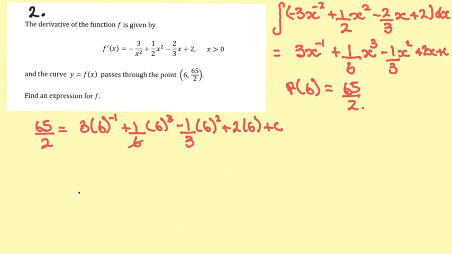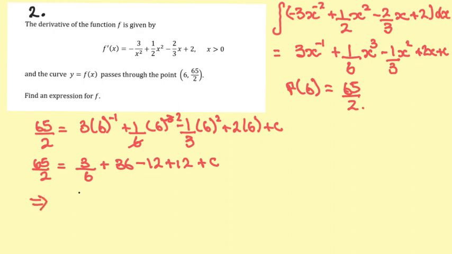Well, that 6 cancels with that to make it squared. So we get 65 over 2 is equal to 3 over 6 plus 36 minus 12 plus 12 plus c.